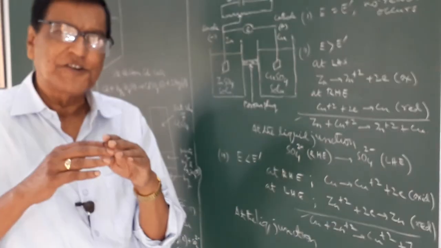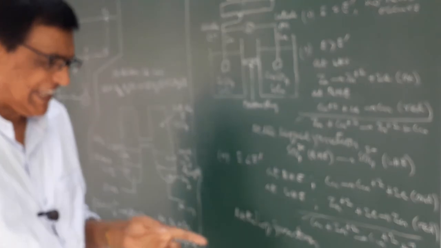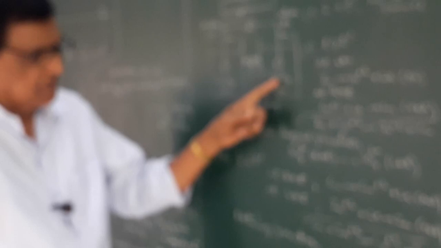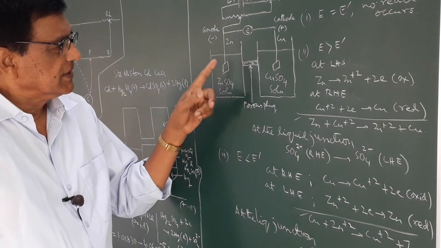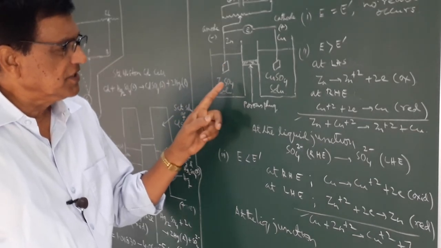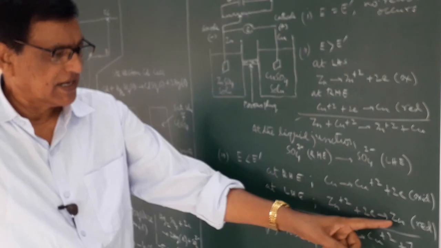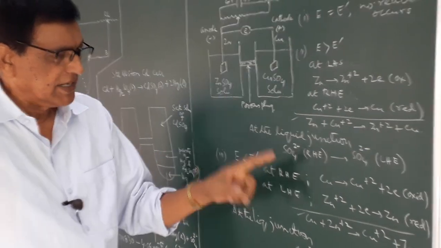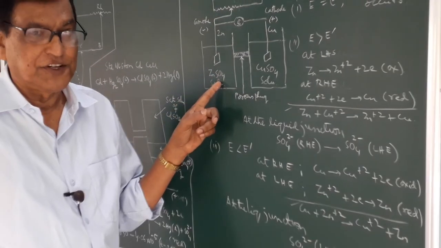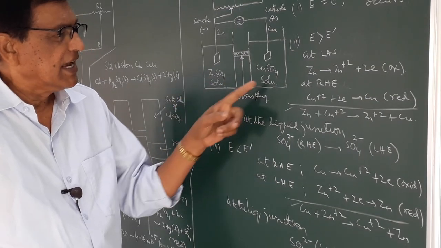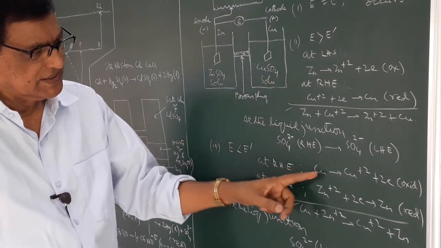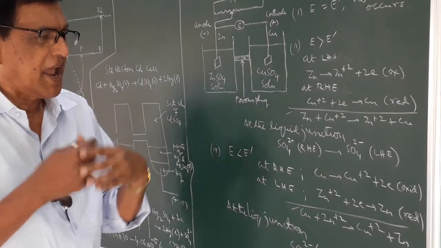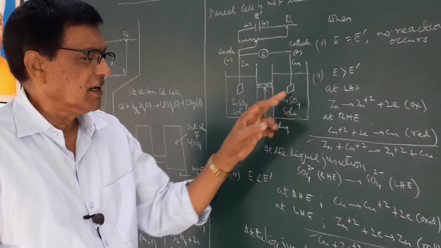But if you consider this liquid junction, then zinc ion is deposited as zinc metal atom on this surface, and so there is an excess of sulphate ions here, and since copper ion is coming, copper ion is in excess in the right hand side electrode.